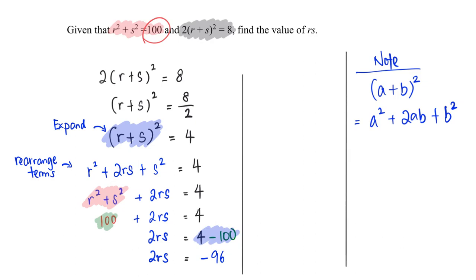So my final answer, rs, which is what they want, will be negative 96 divided by 2. And we are done with this question. Let's move on to the next question.